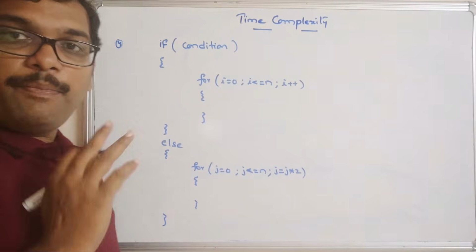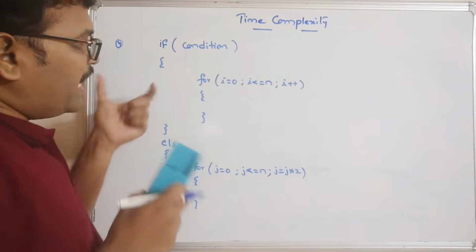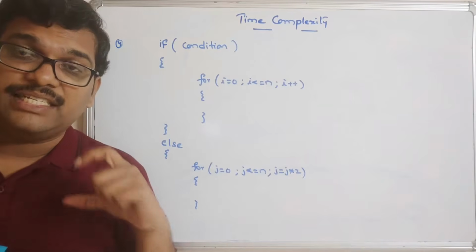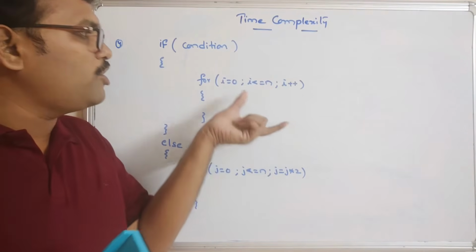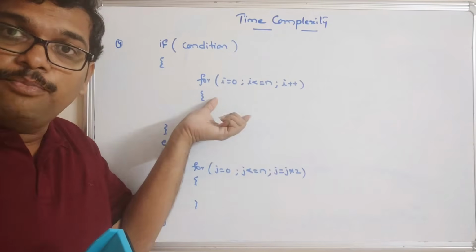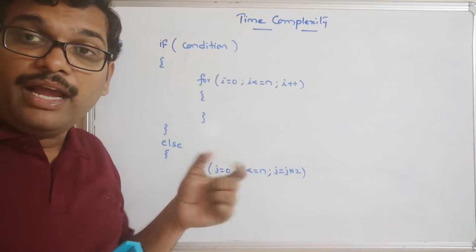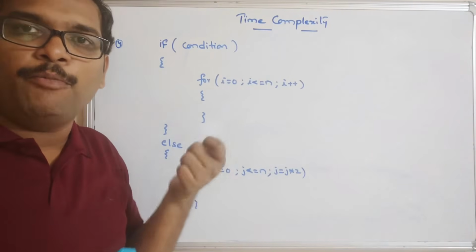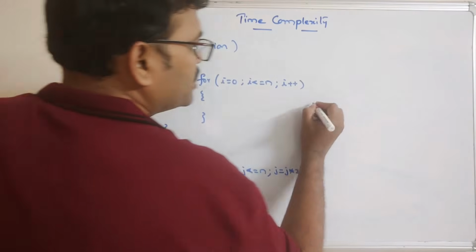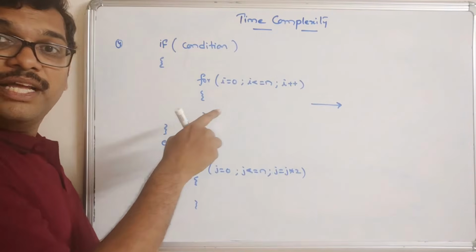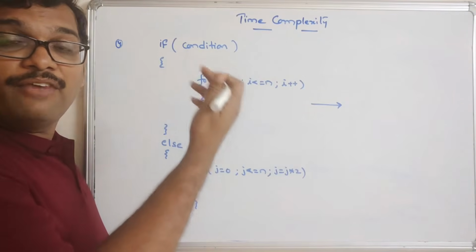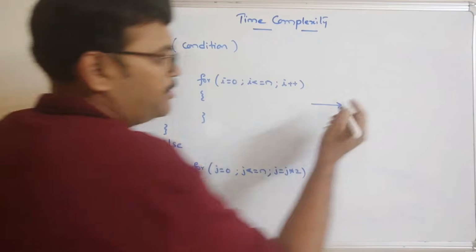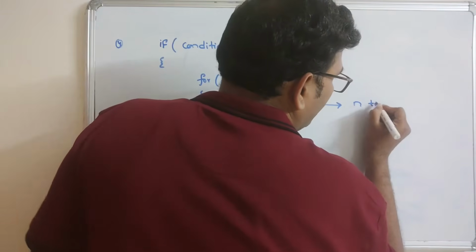So what happened here? This is a conditional statement, so we have to find out the time complexity of each and every case, that means the if block and the else block, and consider the maximum order. What is the time complexity of this one? Only one loop is there, which terminates when the i value is greater than n. That means n steps, so n times.